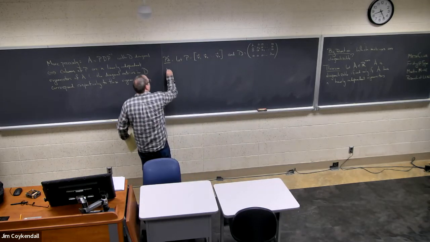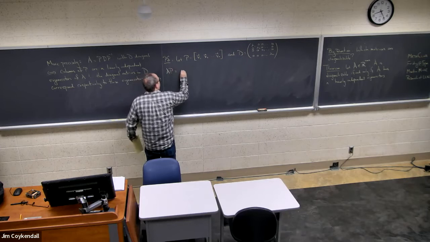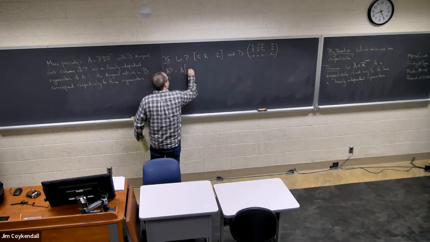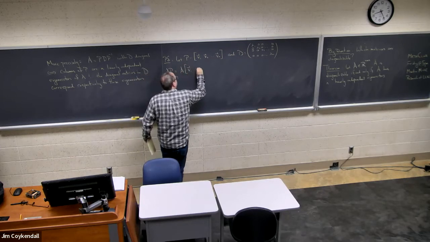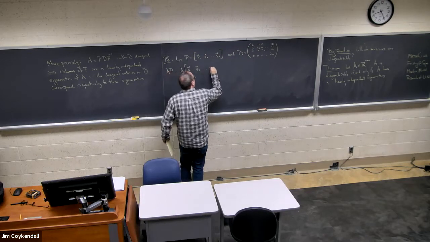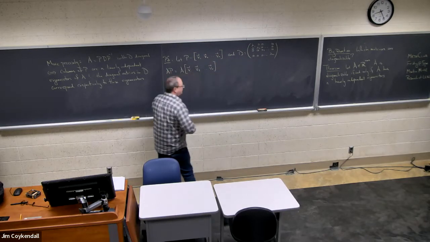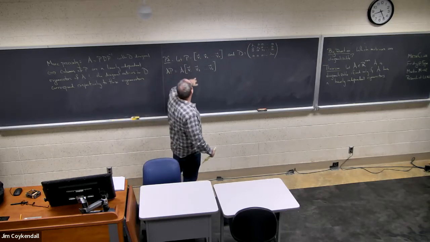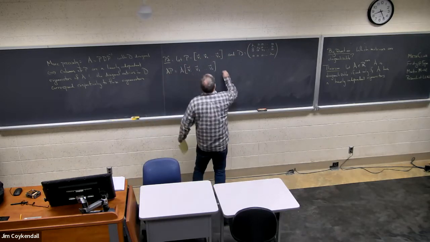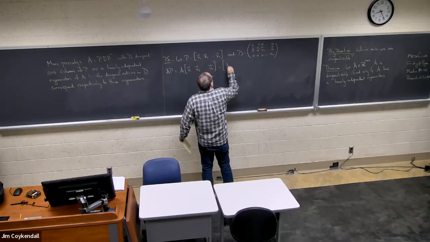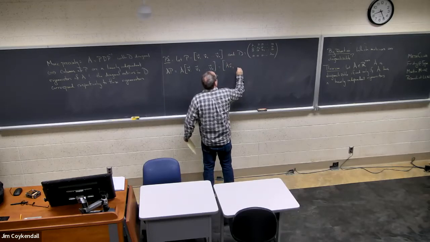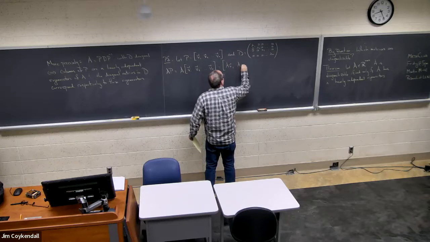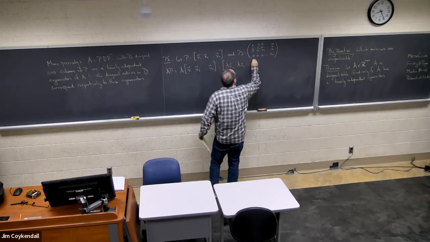Notice that AP is equal to A times P. When I take the matrix A times this matrix P, it's A times these column vectors, so the new product looks like this.